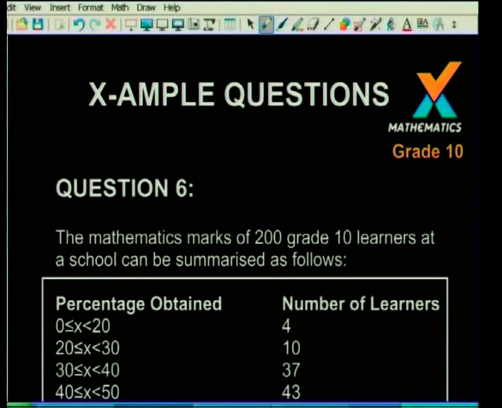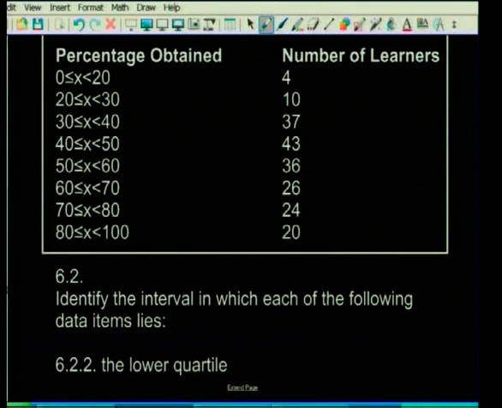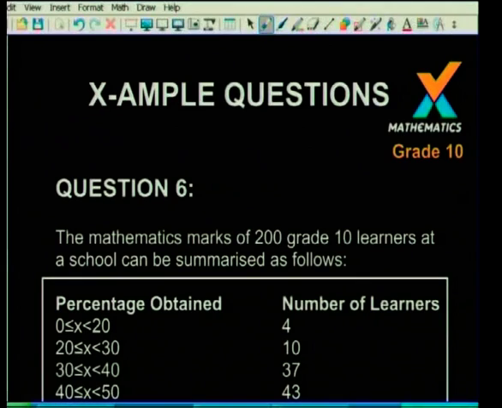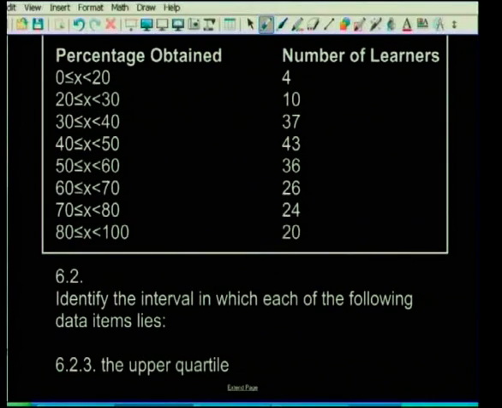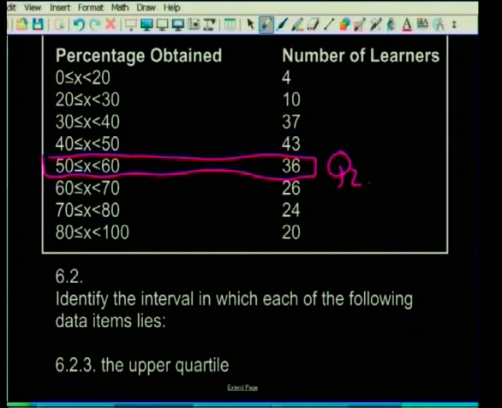Brilliant. Moving along. Now we have to identify in which of these groups the lower quartile lies, and I've got a sneaking suspicion the upper quartile is the next one. Yes. Okay, so the lower quartile and the upper quartile. So let's just do this and say, well, I know that Q2 lies over here. Now for the lower quartile, I'm looking for the 25th value.